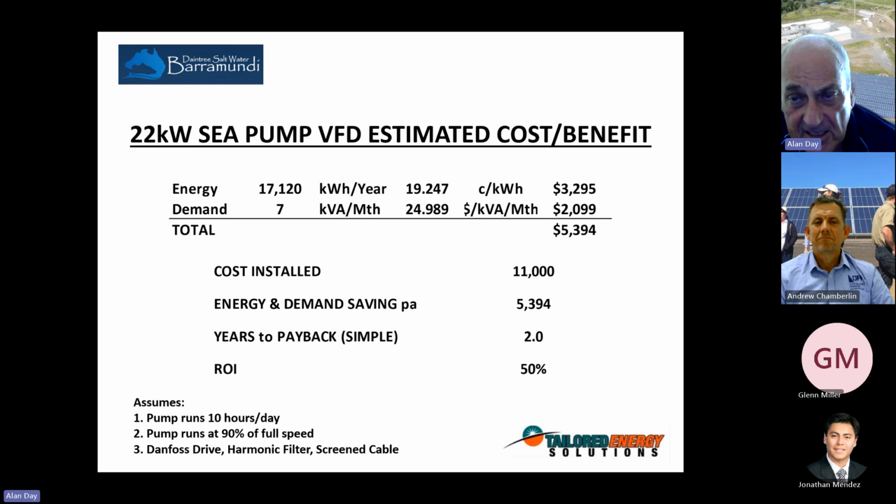This installation cost is for a Danfoss drive, which is a good high quality drive. And because these are big pumps, they need a harmonic filter, and they definitely need screen cables. Tsunami seem a pretty professional organization, and if you go down this track, they will talk to you about making sure it works.